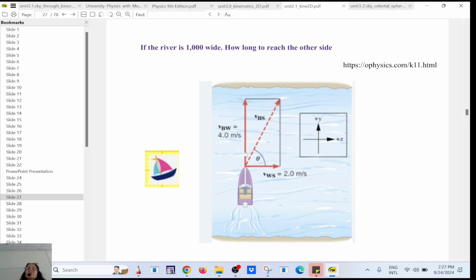So, question for you. If you know that the river here is 1,000 meters wide, how can I find the time it takes to cross the river? Which component should I use? The y component or the x component? I use both? Okay, if I know the diagonal, the distance covered over the diagonal. I don't know that. I know that this is 1,000 meters wide. So I know, if you want, the y displacement.